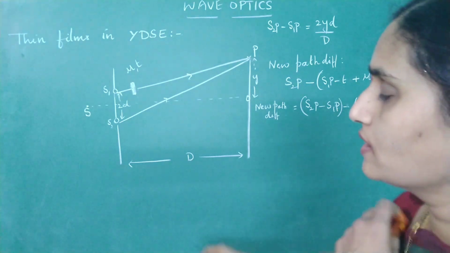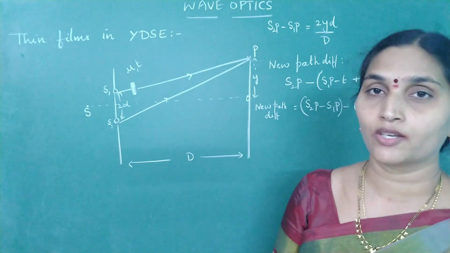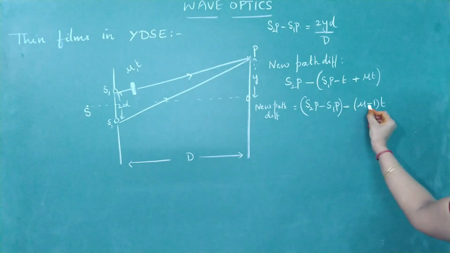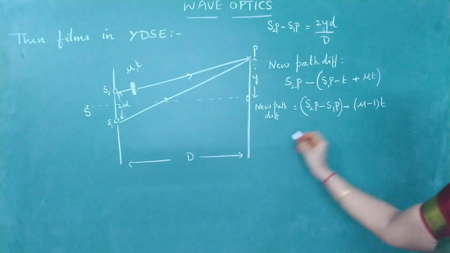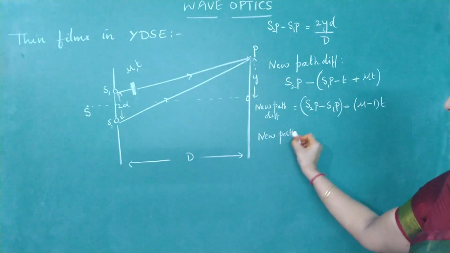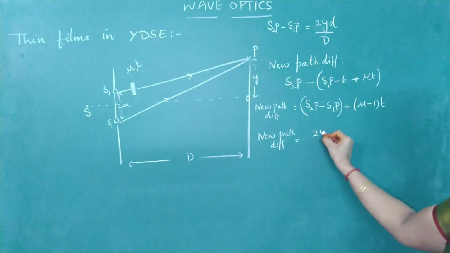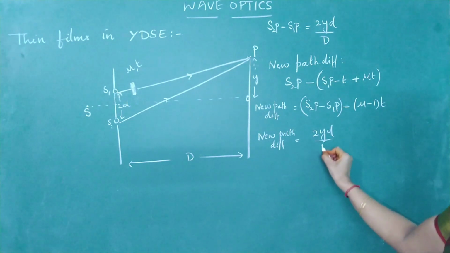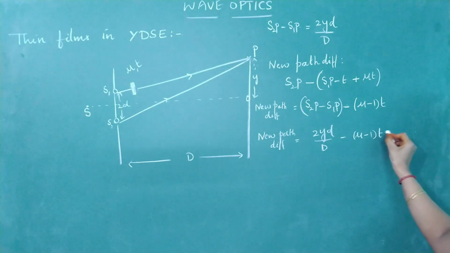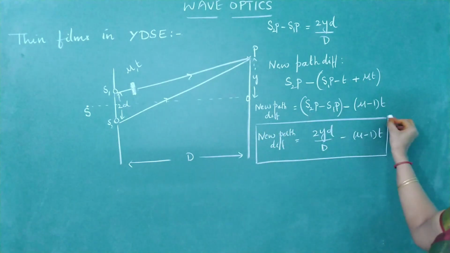So, if you have introduced a thin film in the path of S1, did the path difference decrease or increase? Because you have got a negative sign, it has decreased by a value mu minus 1 into T. So now the new path difference, I will write it as, S2P minus S1P is 2yd divided by capital D minus mu minus 1 into T. Step 1, we have calculated the new path difference.